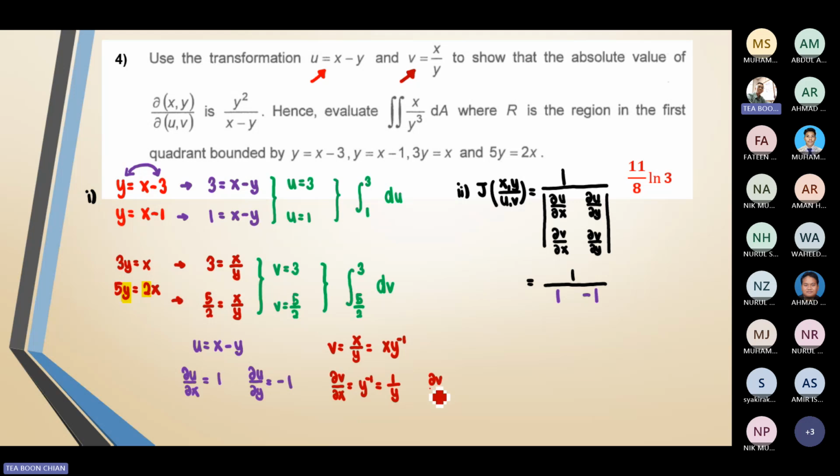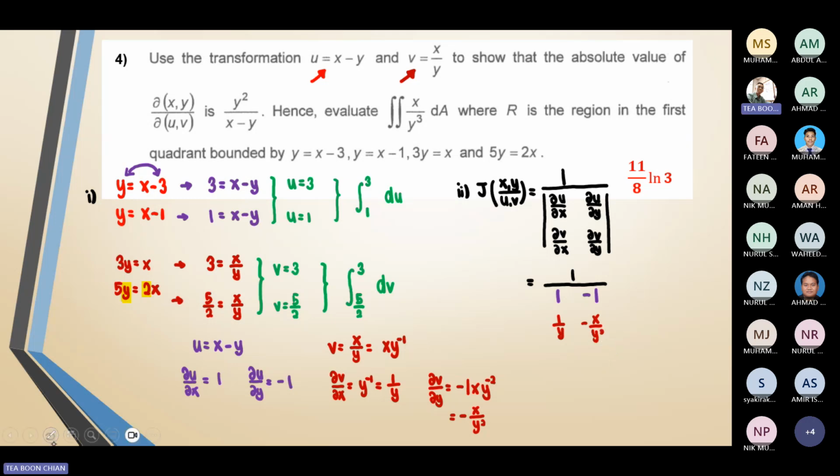But when you differentiate v with respect to y, y power negative 1 is differentiated into negative 1 times y power negative 2. This is just negative x over y squared. So fit in the position, this is 1 over y, this is negative x over y squared.